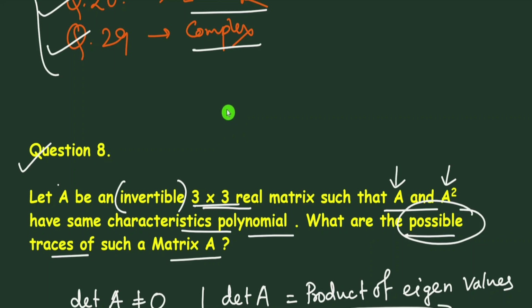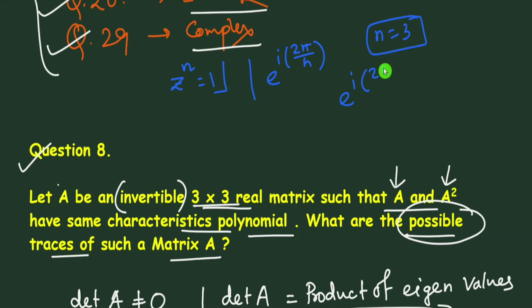Now for the product of roots of unity, suppose z cube equal to 1. This is an equation, and we know that the roots of this equation are of the form e power, if z^n equal to 1, sorry, we take the general case here, if z^n equal to 1, then the roots of this equation are of the form e^(i·2π/n). In the case of n equal to 3, the roots are e^(i·2π/3).